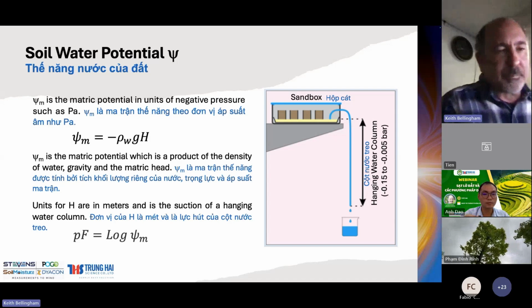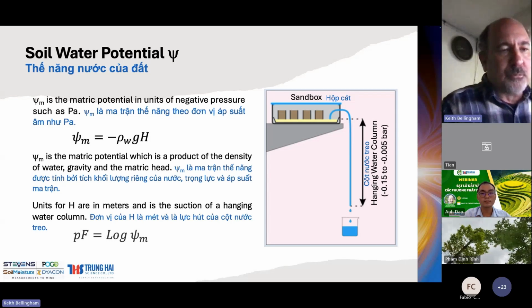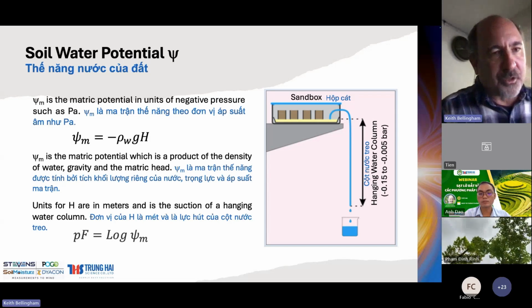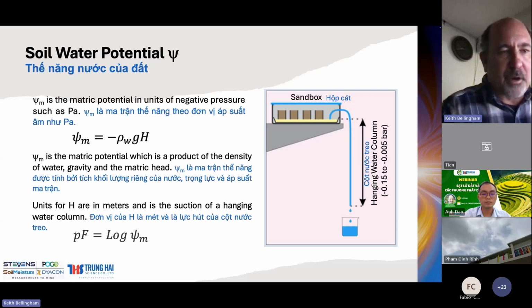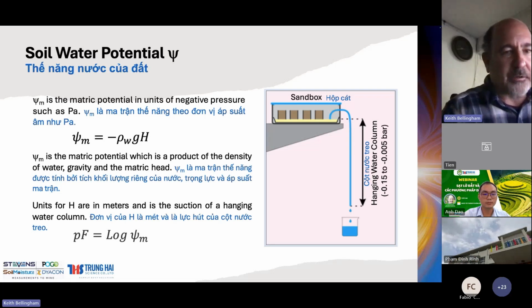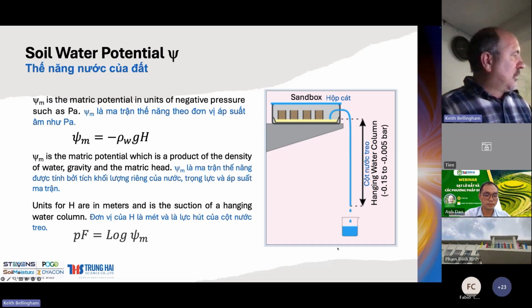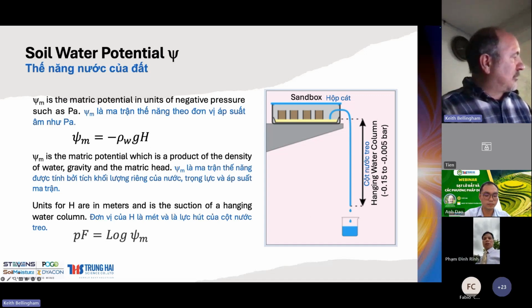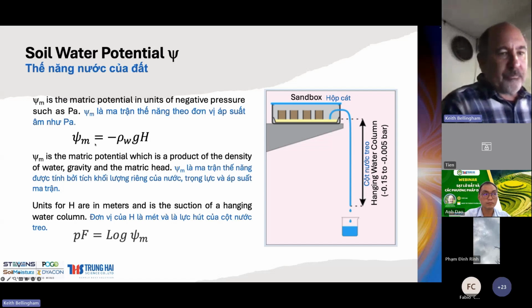When it's below its field capacity, the movement of water is much slower, and it's influenced by wicking and by evapotranspiration. Another parameter that we need to define is the hydraulic head of the soil. The hydraulic head is closely related to the matrix potential.